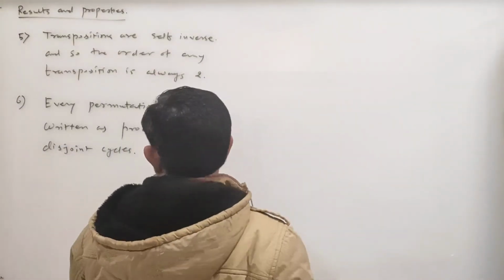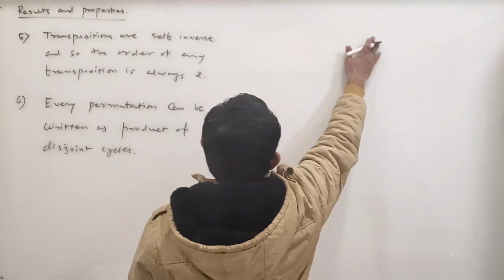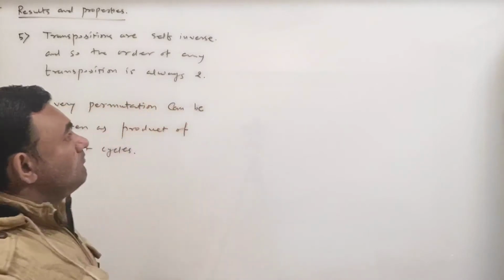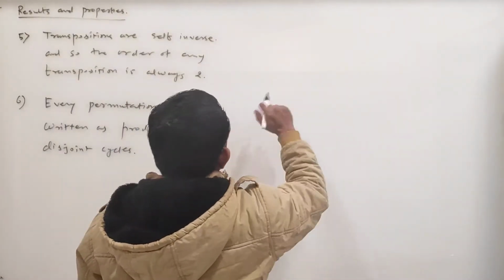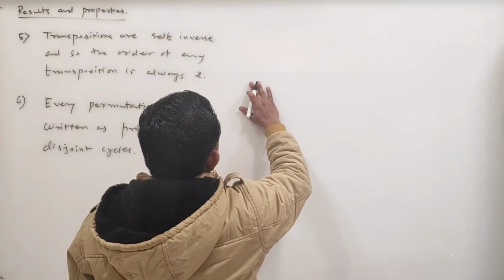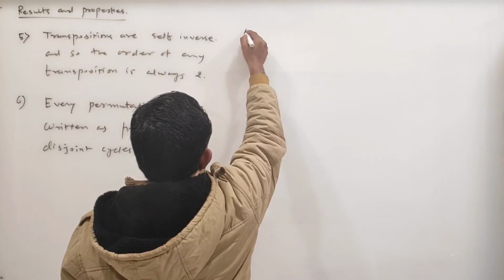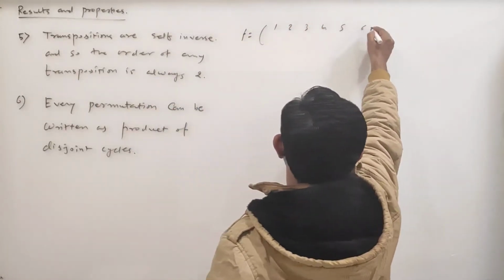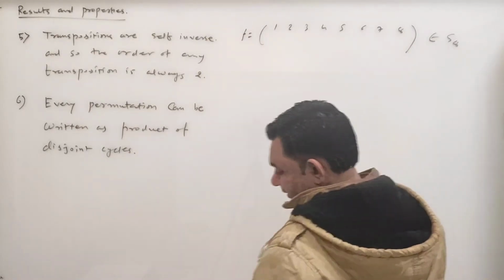So you consider, say, f equal to 1 2 3 4 5 6 7 8 on the top and 4 ... below. It is an element of S8.